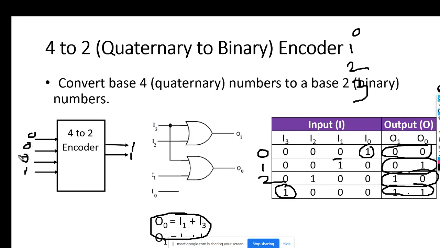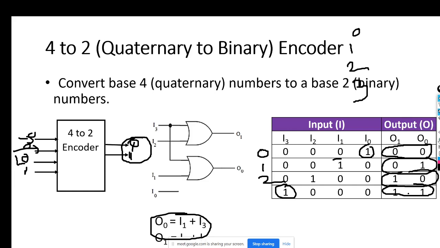When I2 is 1, you are going to get 1 0. Likewise, when one of these inputs is 1, we get a compatible binary number. It's like converting base 4 to base 2.